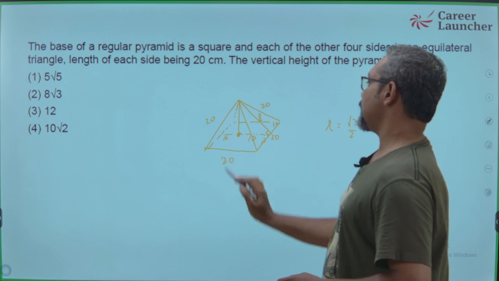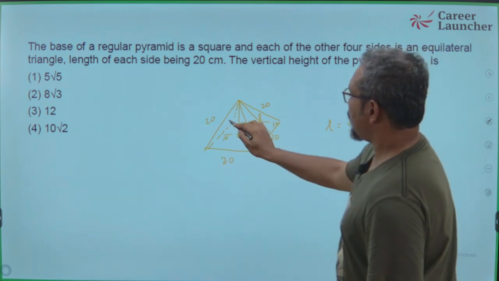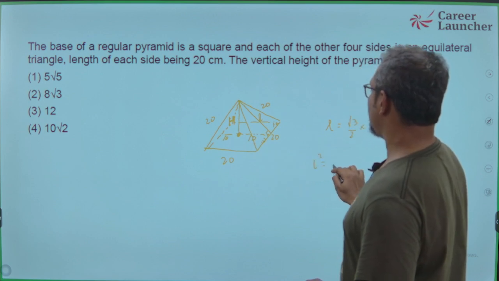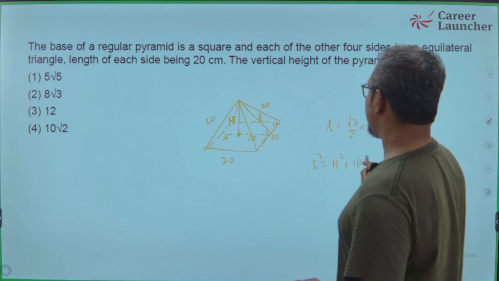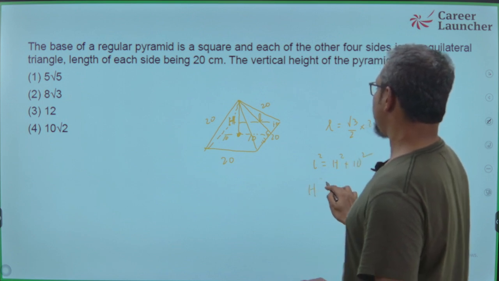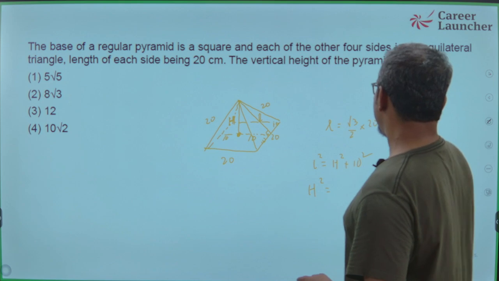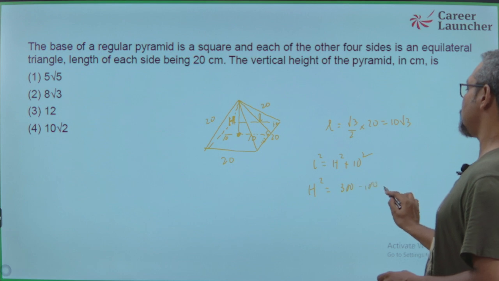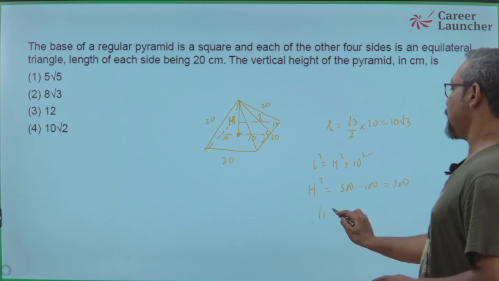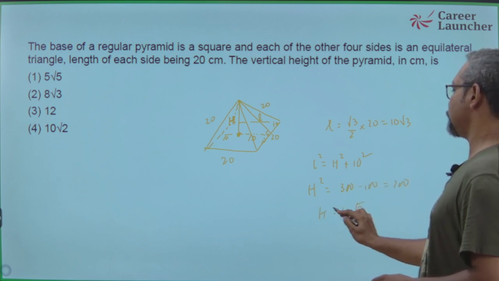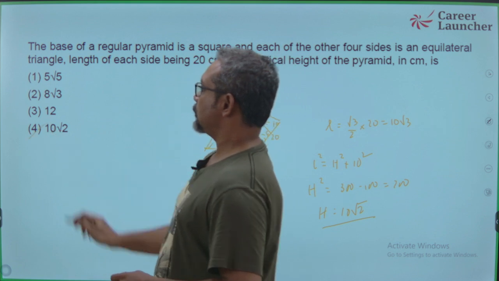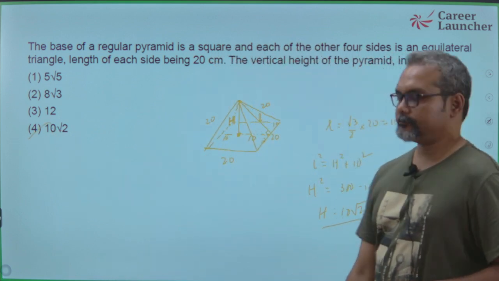We need the height. From Pythagoras theorem we have L squared equals h squared plus 10 squared. So h squared is L squared, which is 100 times 3, 300, minus 100, so that's 200. So the height will be 10 root 2. So that is the fourth option.